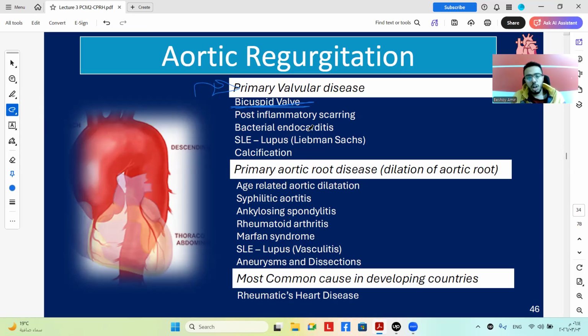Another cause is inflammatory scarring, endocarditis, and you have to know that endocarditis causes regurgitation but no stenosis. Why? Due to the inflammation, you're pulling the papillary muscles apart, causing the regurgitation rather than actually affecting the valves directly.